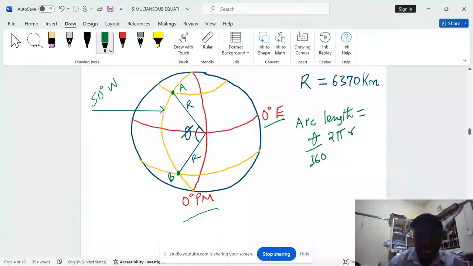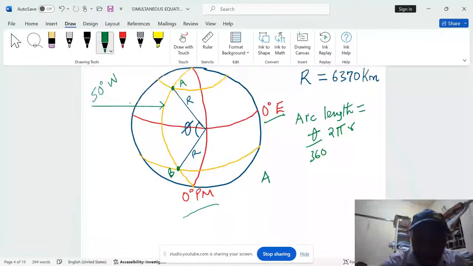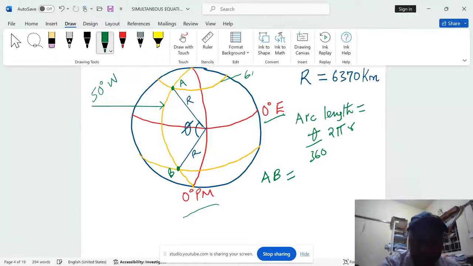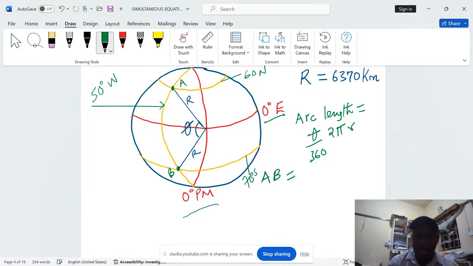In this case, the arc AB is given by the angle between the two places from A to B. Now you will have to add the latitude of A, let's say 60 degrees north, and the latitude of B, let's say 70 in the south. Therefore, you'll be talking about an angle difference from 60 in the north all the way to 70 in the south. There will be an angle of 130.